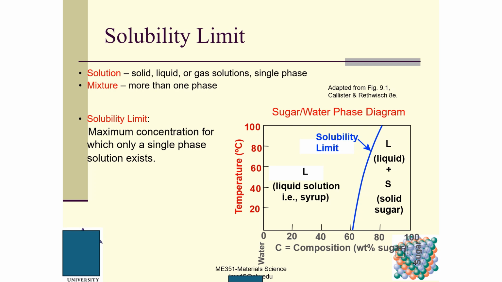You can see at different temperatures, this water can dissolve different weights or percentages of sugar to get the sugar solution. So solubility limit here refers to the maximum concentration for which only a single phase solution exists.